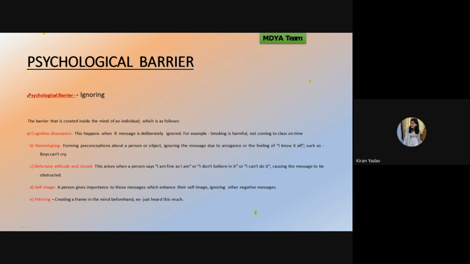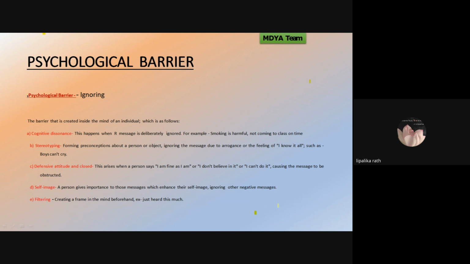Okay, so who will give examples of psychological barrier? If someone is emotionally or mentally disturbed, this can make a psychological barrier of communication.